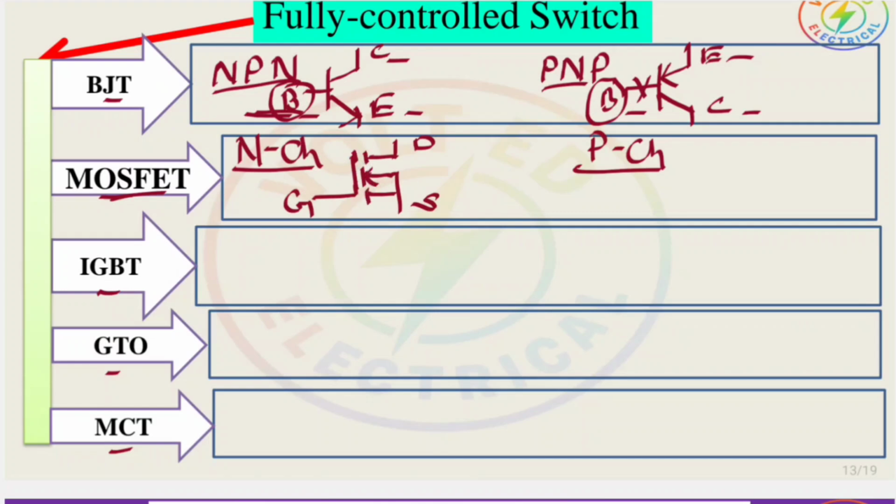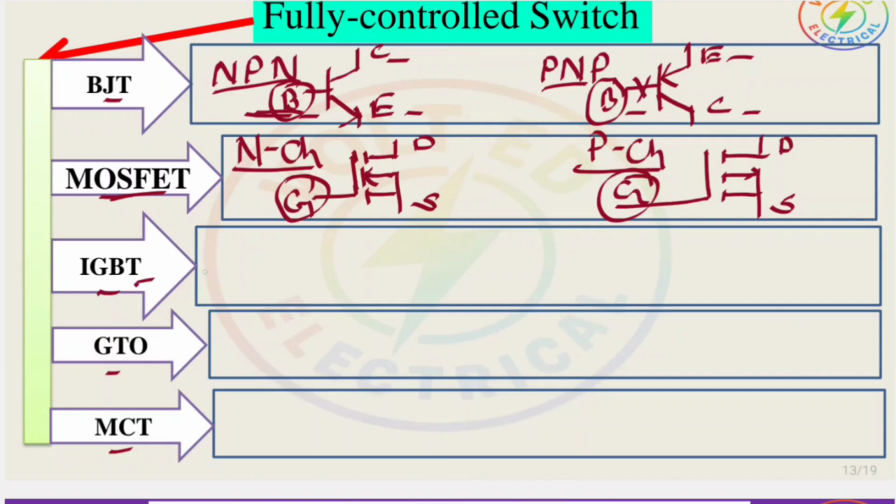This is the symbol of the N channel MOSFET, and this one, with drain, source and gate, is the symbol of the P channel MOSFET. Here also turn on and turn off can be controlled by the voltage at the gate terminal. By applying the voltage it can be turned on, and by removing the gate voltage it can be turned off. So that's why MOSFET is also called a fully controlled device or fully controlled switch.